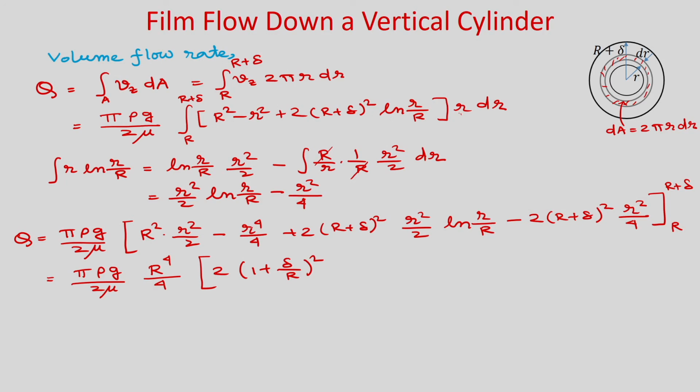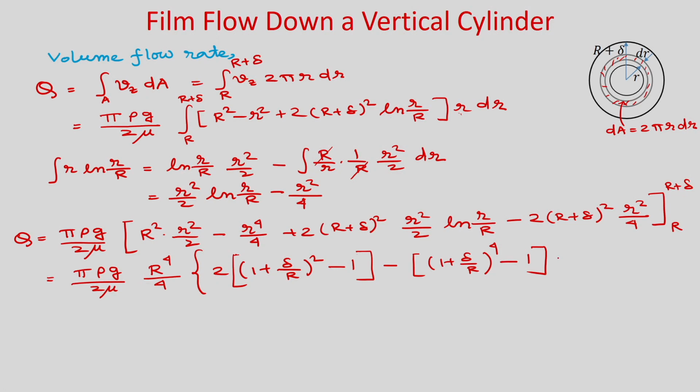Okay. Here then minus 1, okay, because r square will be there, minus r square, then minus, so r to the power 4 by 4 we have taken outside. So, it will be 1 plus delta by r to the power 4, okay, minus 1, then this term. Okay. So, 4 we have taken outside.